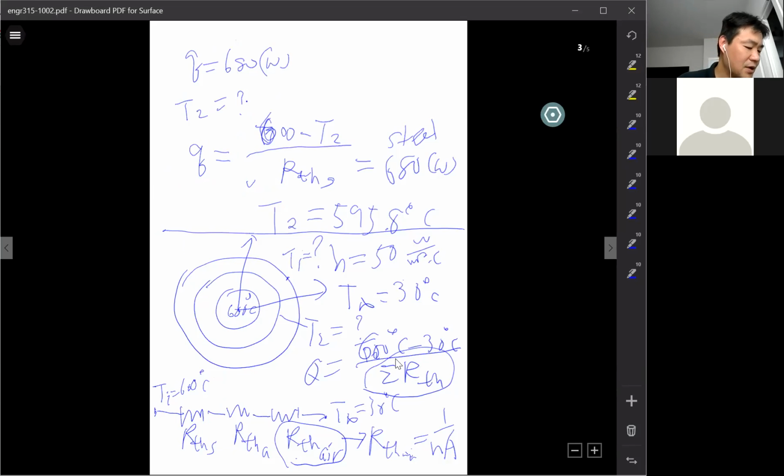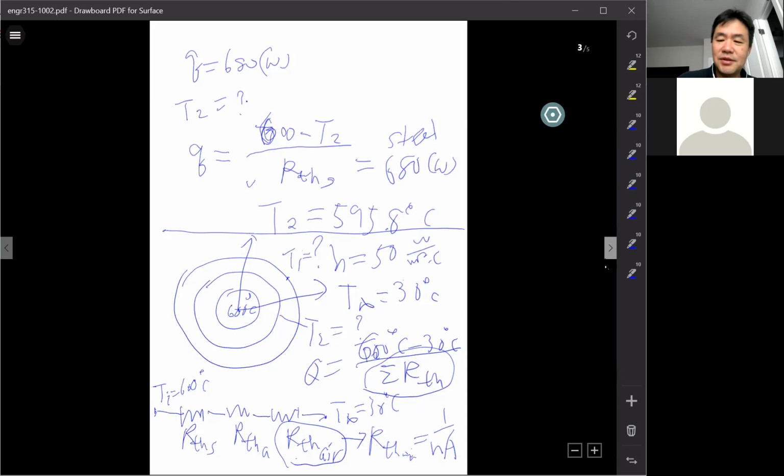Okay, so that's the procedure. Be careful. If you use this thermal resistance idea, the delta T in the numerator has to be inside temperature minus outside temperature, because we get rid of the negative sign from the conduction, remember? So we have to switch the order.